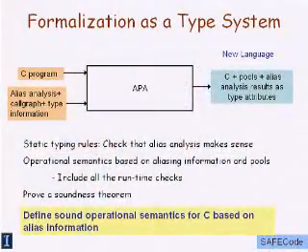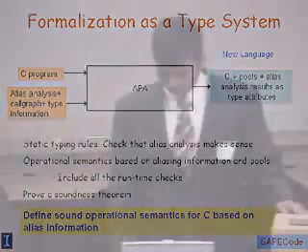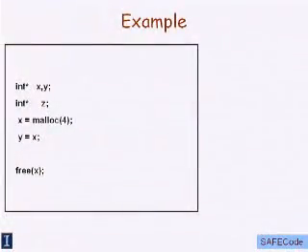Okay? So you do all this, get this new program, just type check it, then you're sure that the program never deviates from alias analysis. Okay? So essentially what we have defined is basically sound operational semantics for C based on this aliasing information and pools.